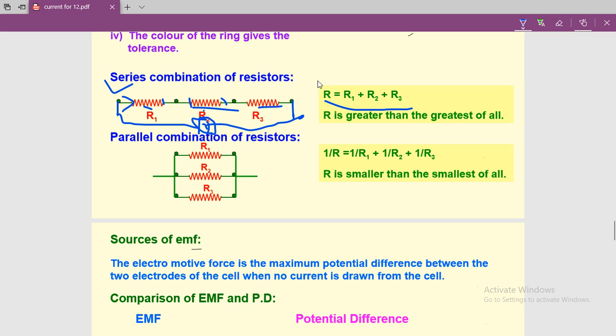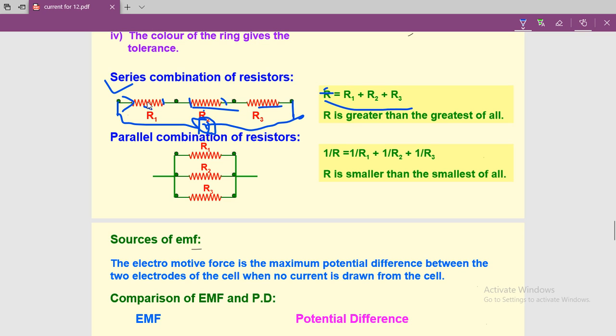What is the meaning of equivalent resistance? It means you can replace these three resistors R1, R2 and R3 by only one resistor, that is R, but there is no change in current in this circuit.